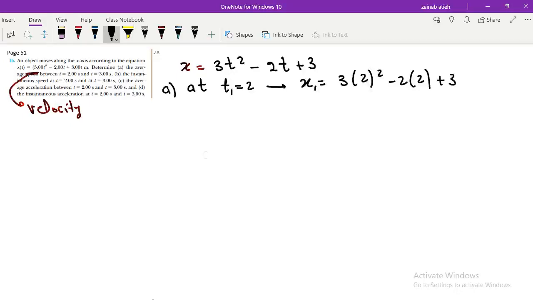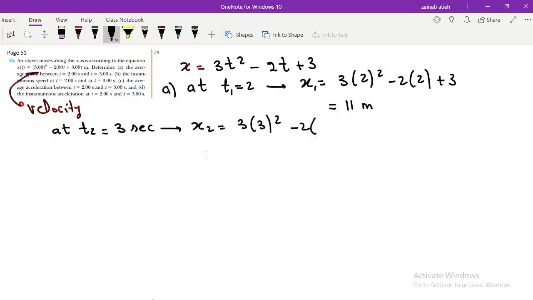We will get 11 meter. At the second time, t2 equals 3 seconds, we can find x2. It's equal to 3 times 3 squared minus 2 times 3 plus 3. Calculate them, we will get 24 meter.